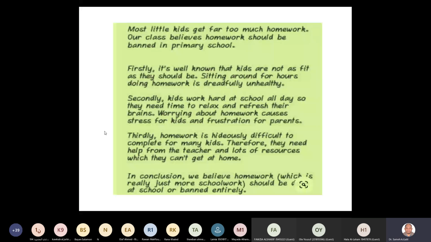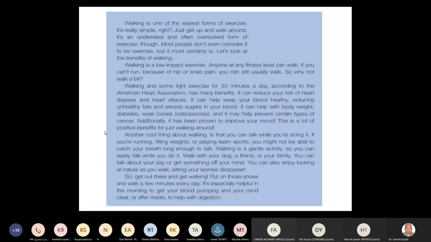So can we read this? Yes, I'll read along. Yeah, go ahead. I'll read along.